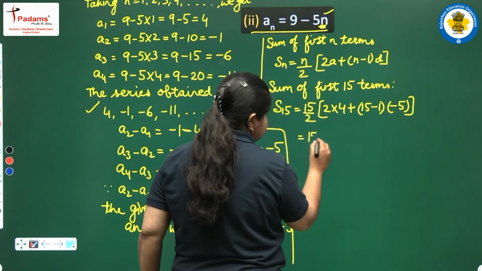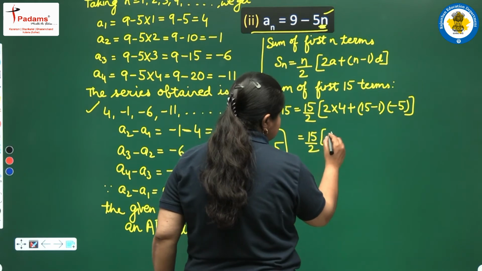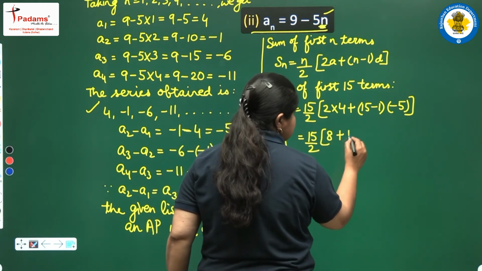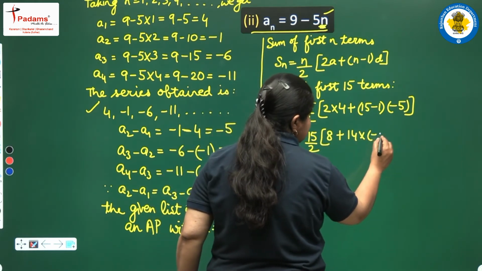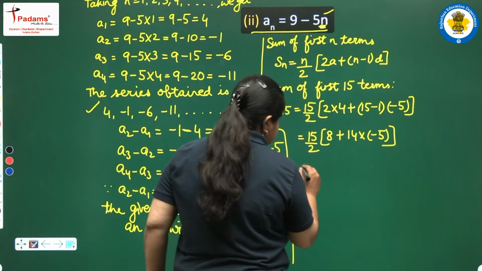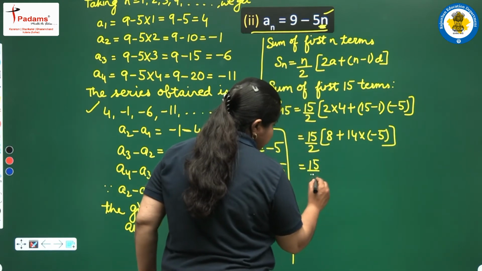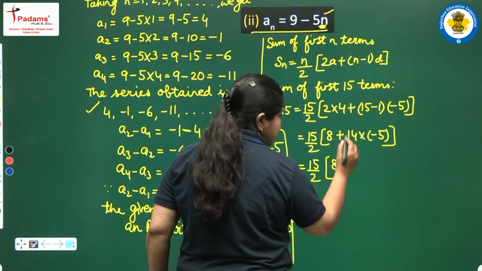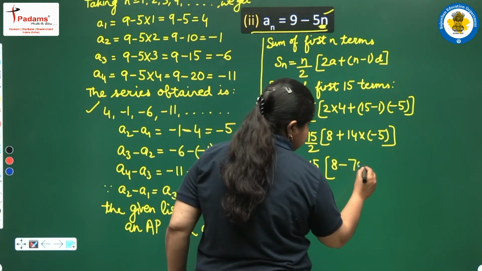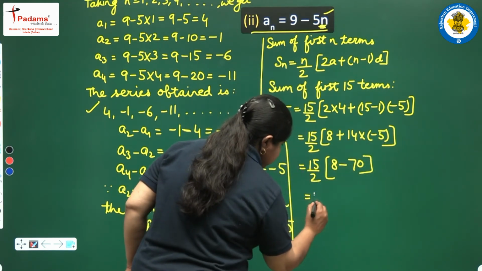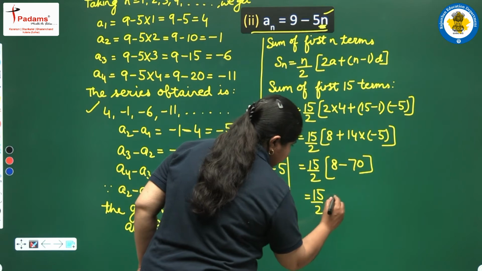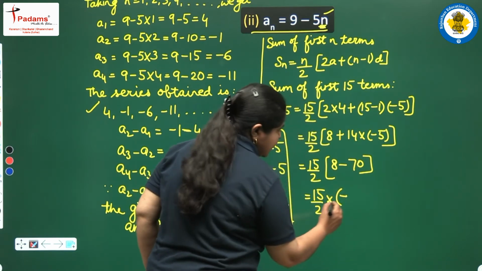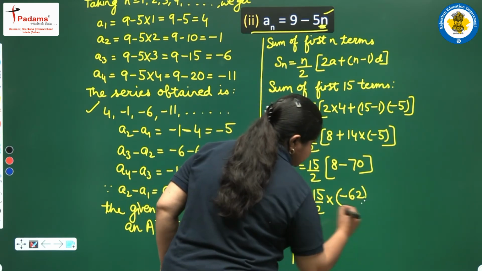This will be equal to 15 by 2. Here we have 2 4s are 8 plus 14 into minus 5. This will be 15 by 2, 8, and plus into minus will be minus. 14 into 5, it is 70. This is 15 by 2, and here we will have minus 62. ठीक है.